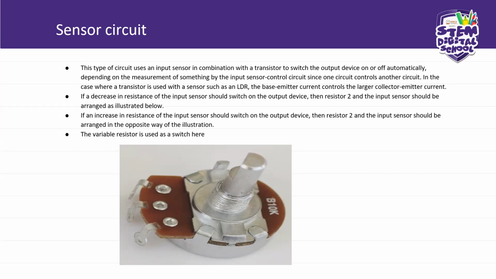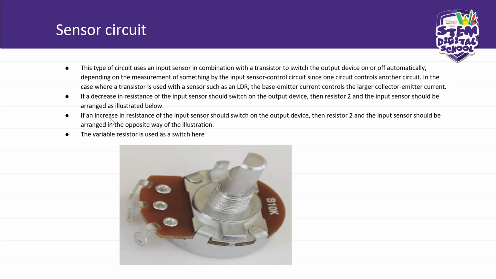In the case where a transistor is used with a sensor, such as an LDR, the base emitter current controls the larger collector emitter current. So that's why we say it works as a switch. It is a control. The transistor becomes a control component in that circuit. If a decrease in resistance of the input sensor should switch on the output device, then resistor 2 and the input sensor should be arranged as illustrated in the circuit that I'll show you.